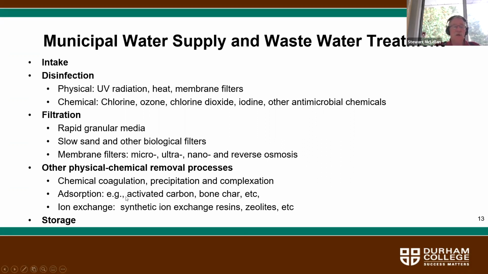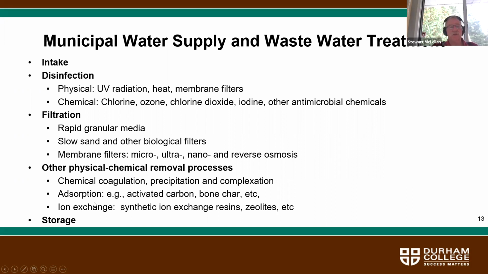And adsorption, as it says there, activated carbon. Activated carbon is good for the removal of organic compounds. Some specialized activated carbons can be used for the removal of some metals, but they're usually used to target organic materials that are in the water.